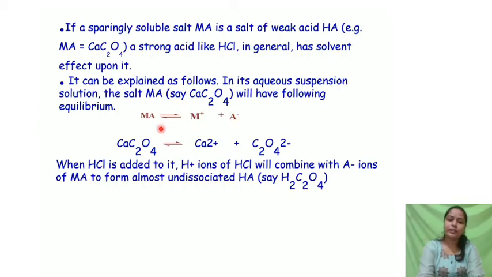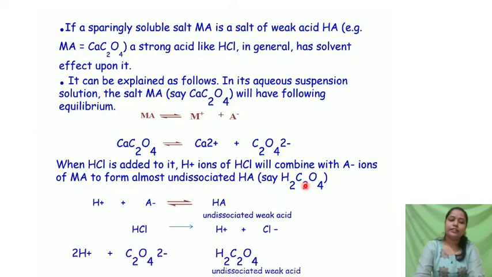For example, in calcium oxalate, what is the A- ion? The oxalate ion. H+ ion combines with oxalate ion to form H2C2O4, oxalic acid, or H+ ion combines with A- ions of the salt to form undissociated weak acid.